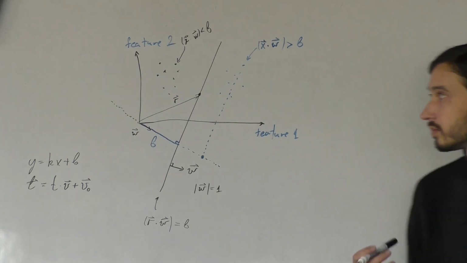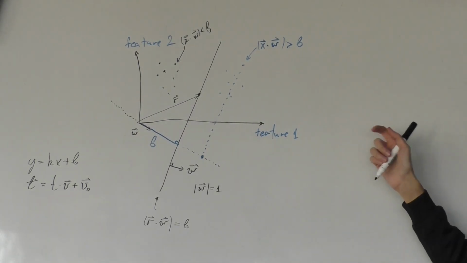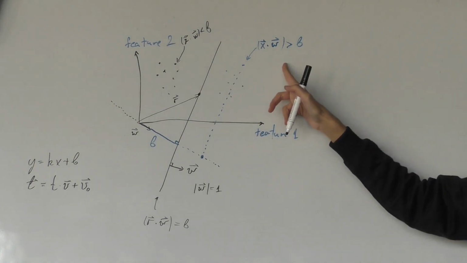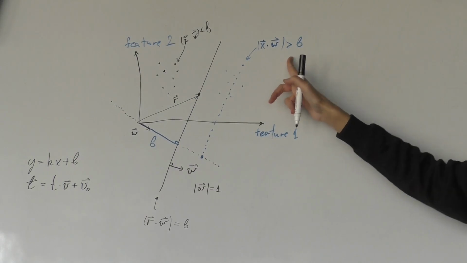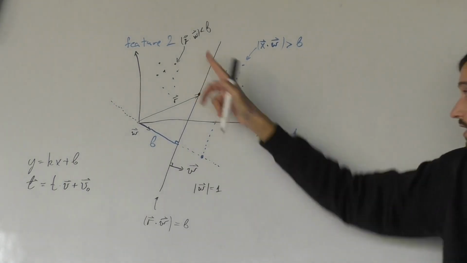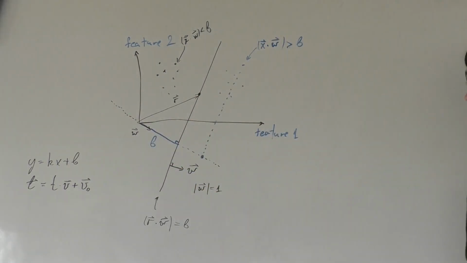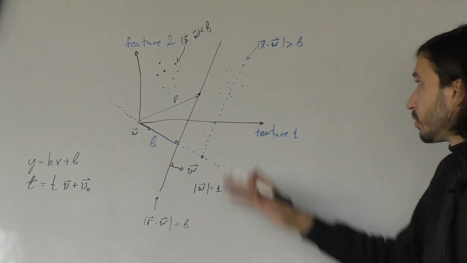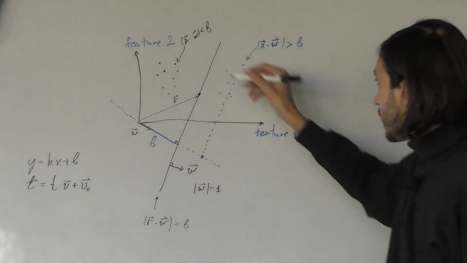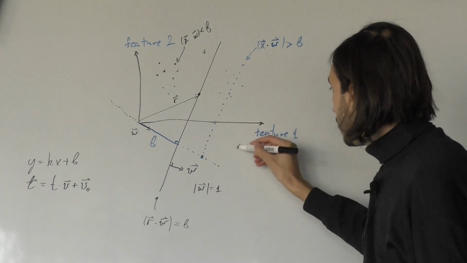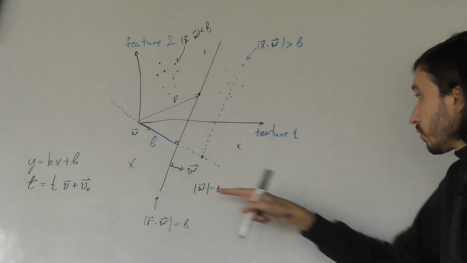Check which of these conditions hold. In some sense, I'm getting any point from the plane, so I don't know what the user will ask me when I'm doing the inference, and he may ask me some point in here or in here or in here, so whatever. And what should I do?